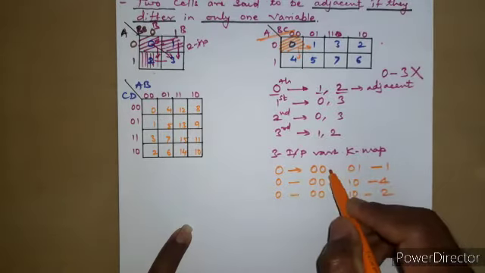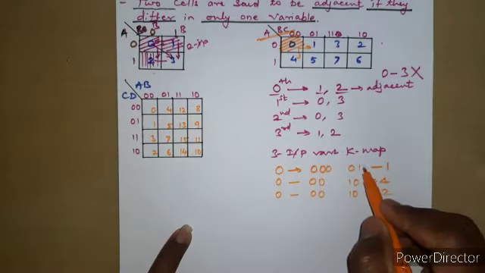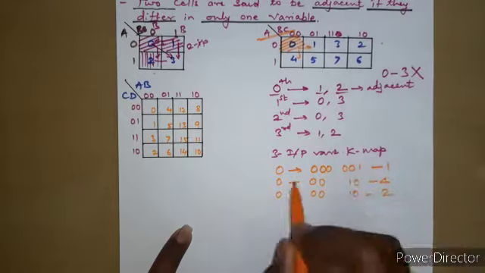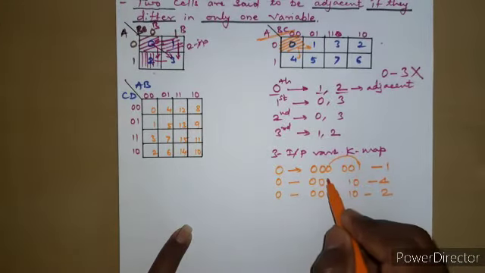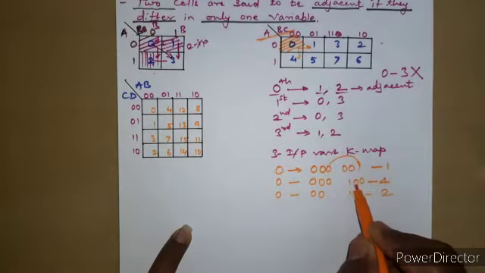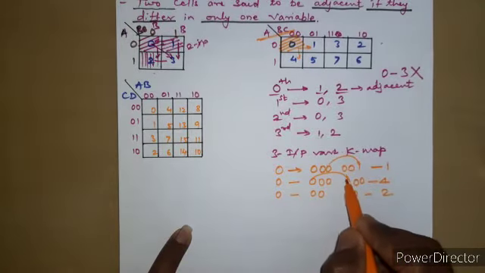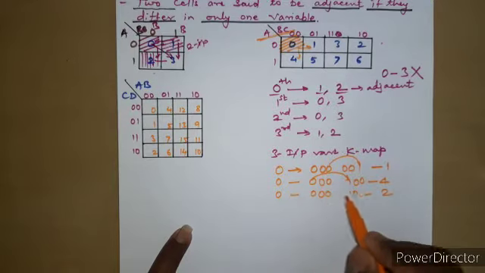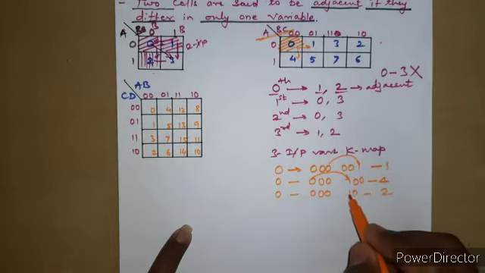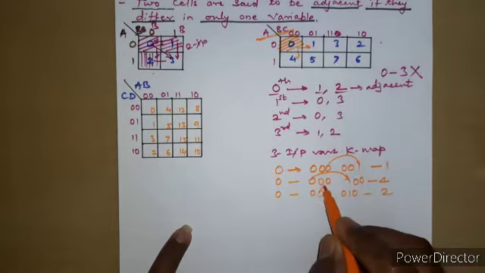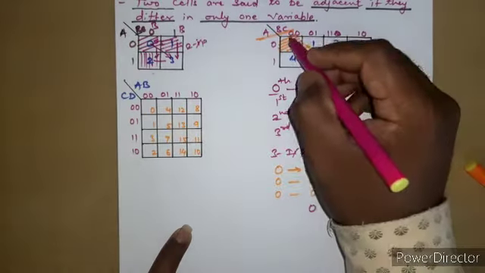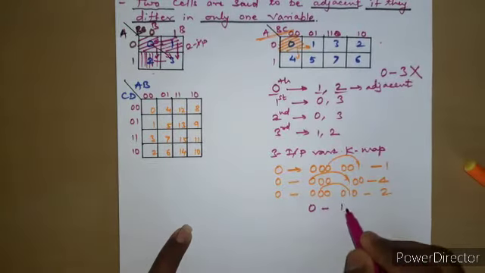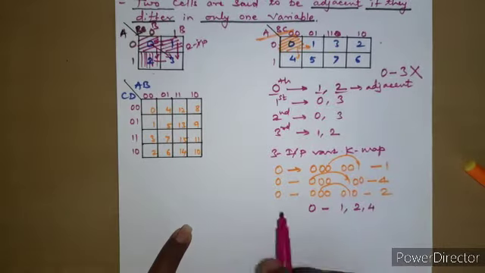With 3 variables, 0 means 0 0 0 and 1 means 0 0 1, so there is a change in one bit only. 4 is 1 0 0, again a change in only one bit. 2 is 0 1 0, again a change in only one bit. So we can say that for this 0th cell, the adjacent cells are 1, 2 and 4.